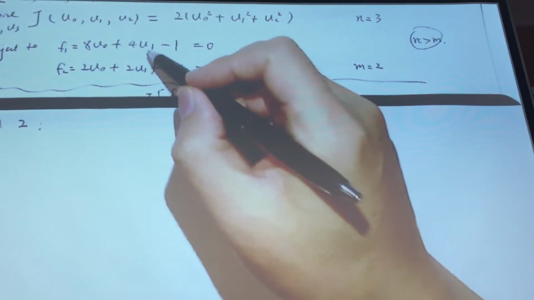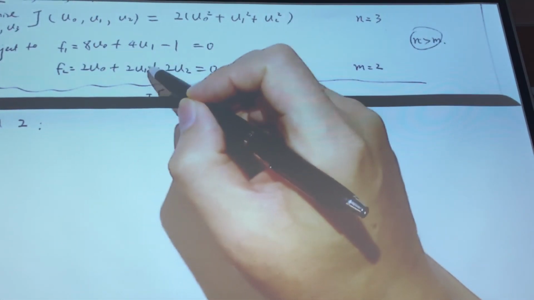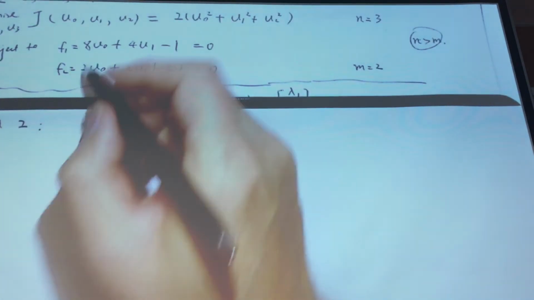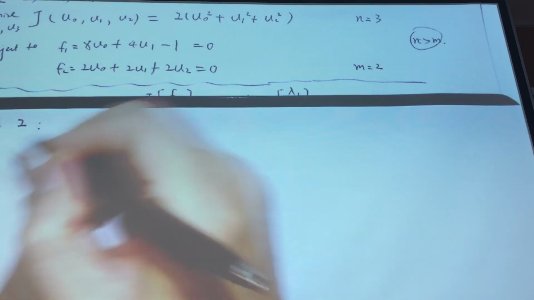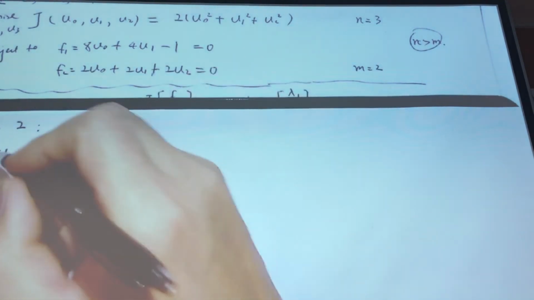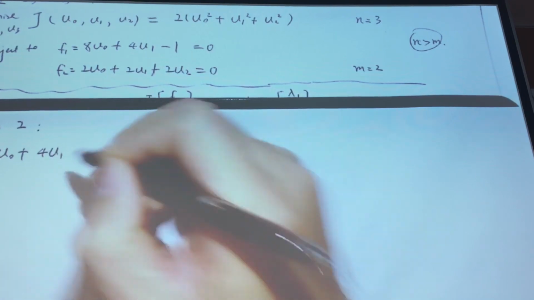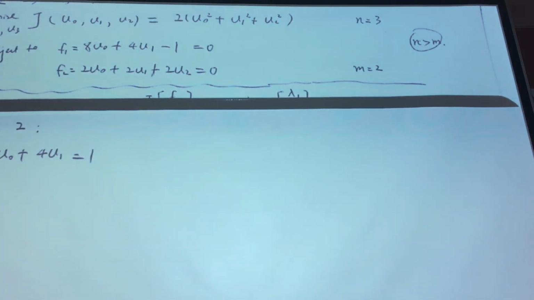We have the same problem to solve, but from the first equation, f1, 8u0 plus 4u1 equal to 1.